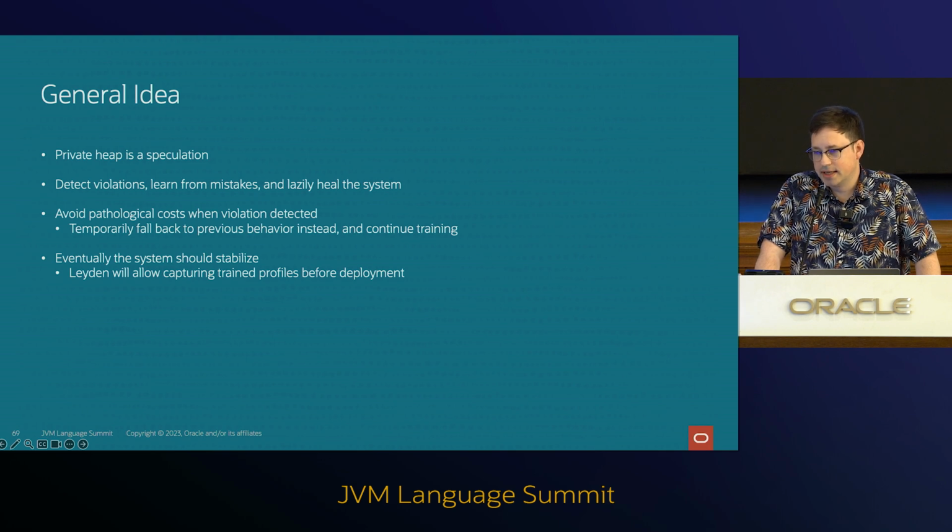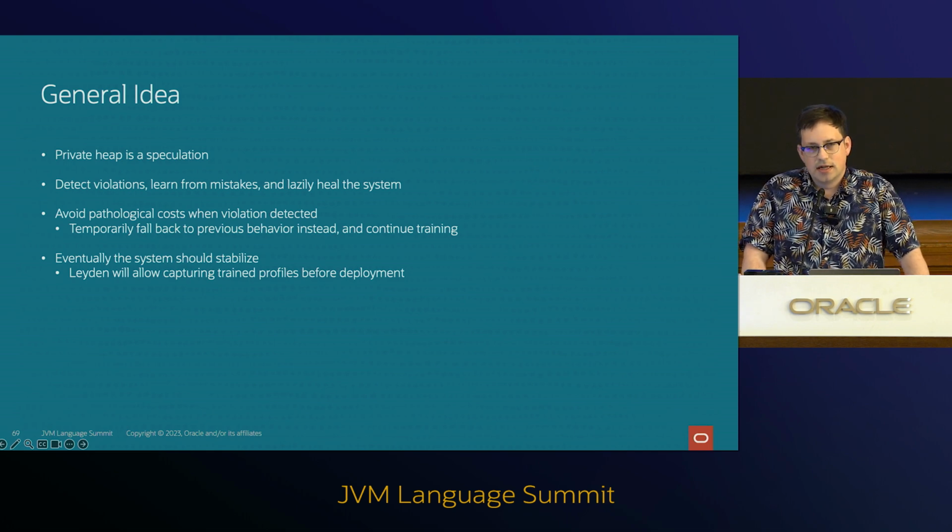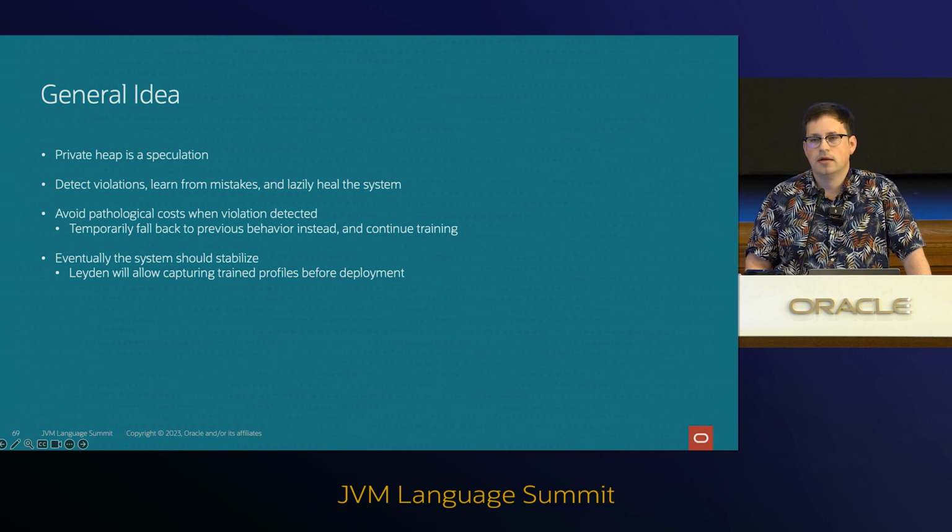We're not going to do that. Instead, we're going to fall back to the previous behavior and just do whatever we used to do. It wasn't all that bad anyway, right? And continue training until the system has learned and healed. And eventually, this system will hopefully stabilize, and that stabilized state can hopefully be captured in some Leyden artifact.